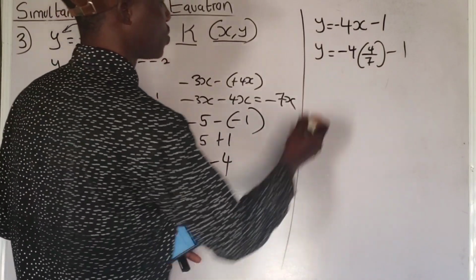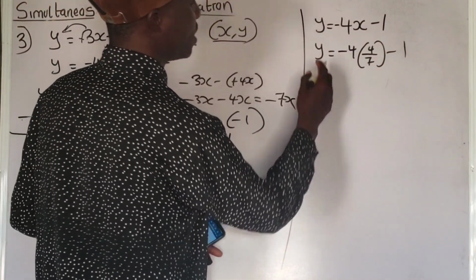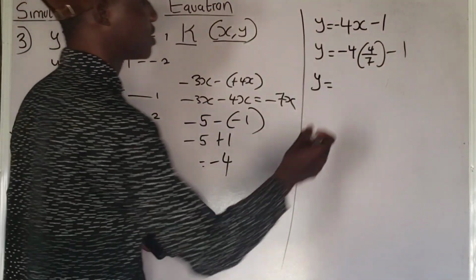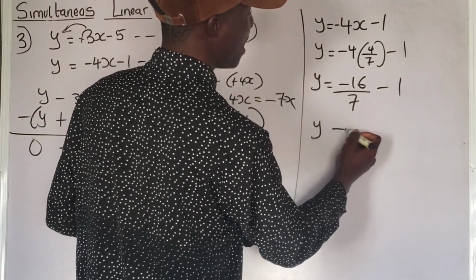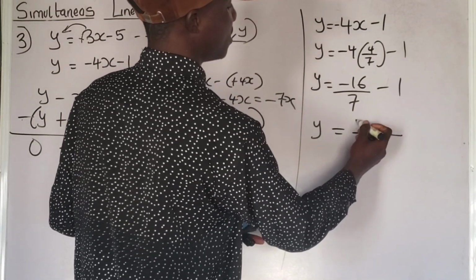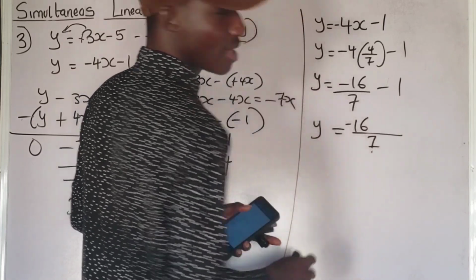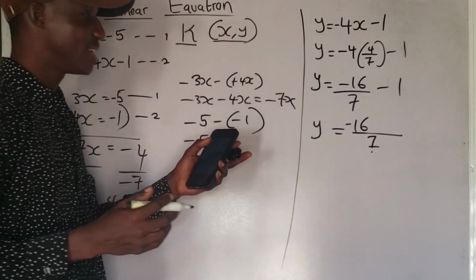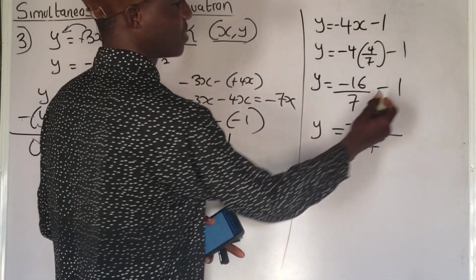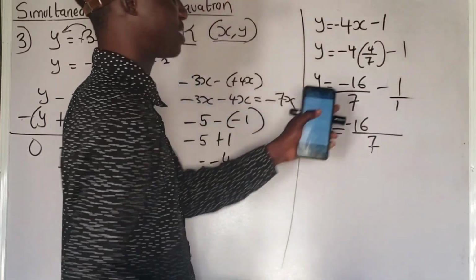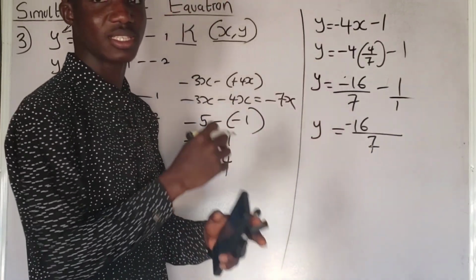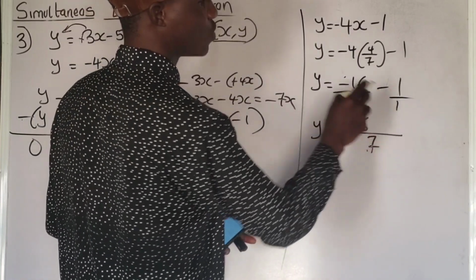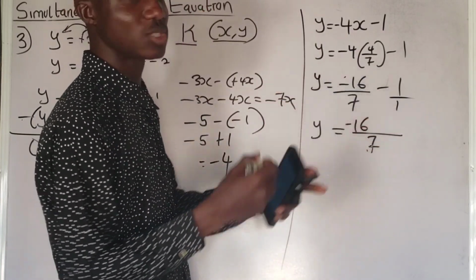So for this, I'm going to have y equals negative 4 multiplied by 4, that's negative 16 over 7 minus 1. Take the LCM. I'm very sure you understood what I did. LCM is 7. This can be written as negative 16 over 7 minus 1 over 1. 7 times 1 is 7, 7 divided by 7 is 1, 1 times negative 16 is negative 16. 7 divided by 1 is 7, 7 times negative 1 is negative 7.